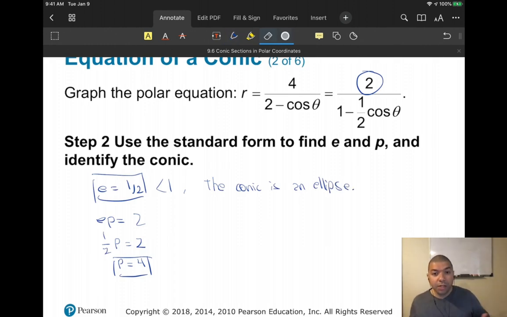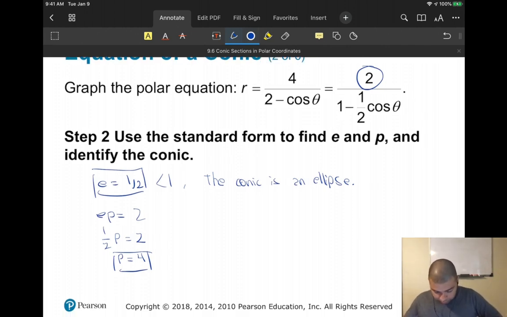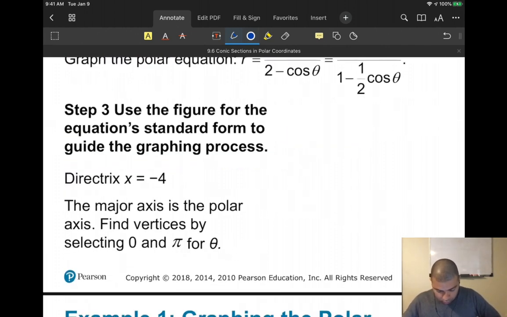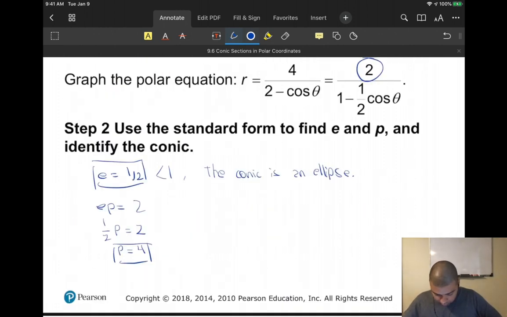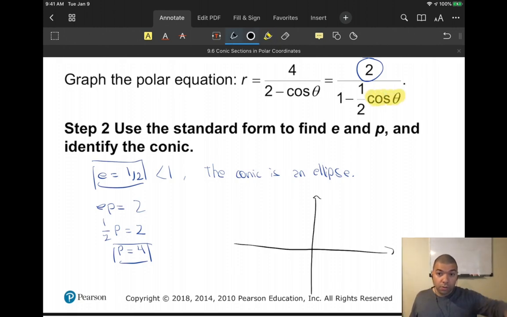So now I have a pretty good idea of what to expect. So how do I know what to expect? I know that my axis here, because this is a cosine, then my major axis is horizontal.